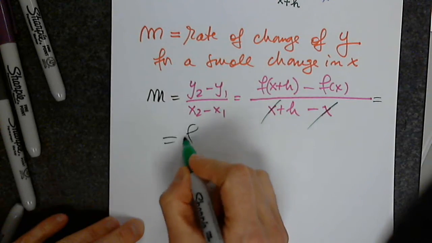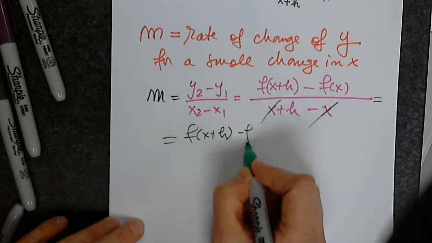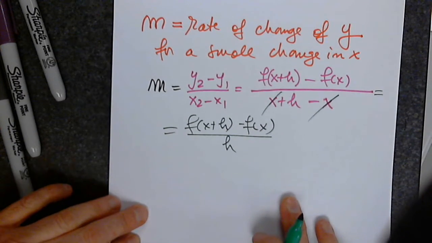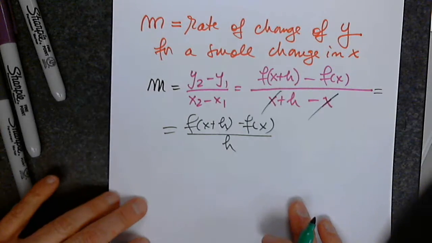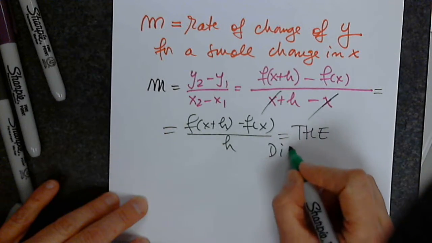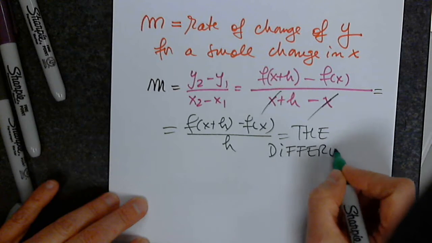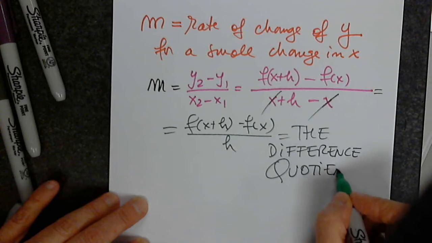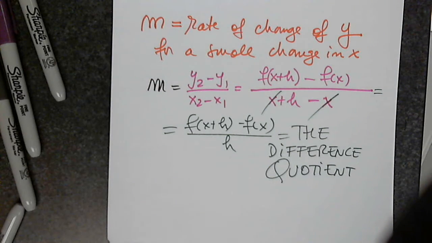So the simplified form is f of x plus h minus f of x, divided by h. This is so important that it has a special name. It's called the difference quotient. That's another one for our little notebook. Super important terminology.